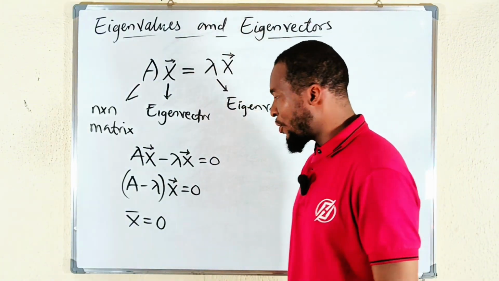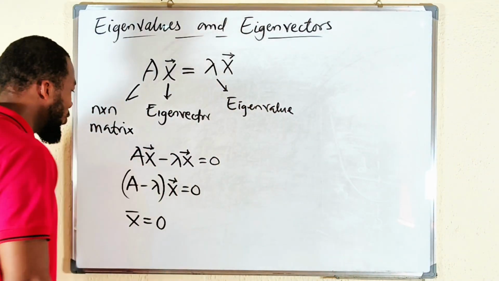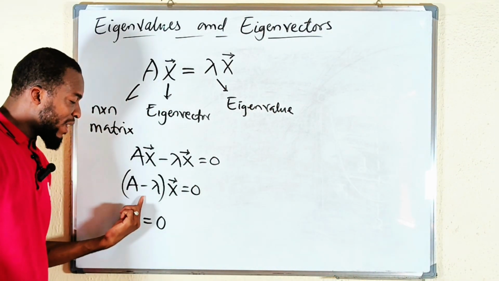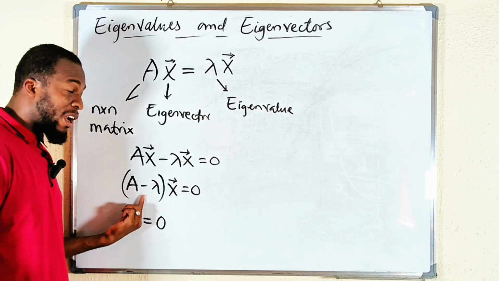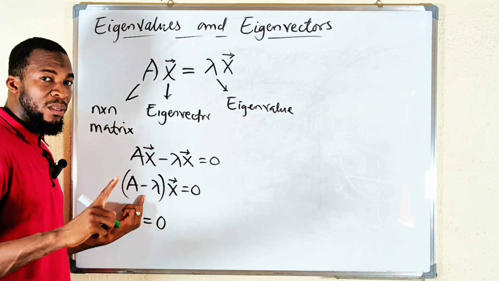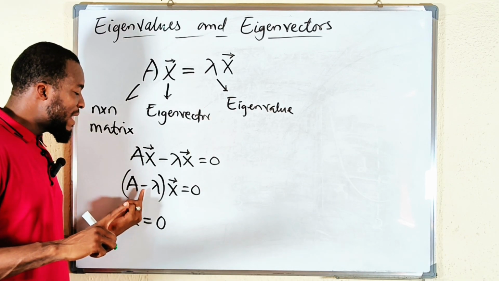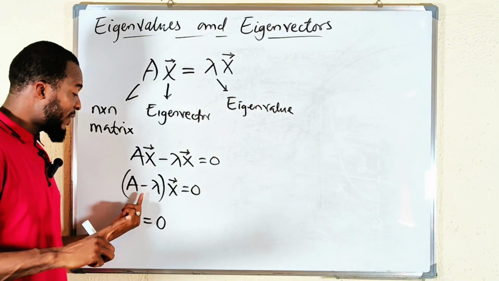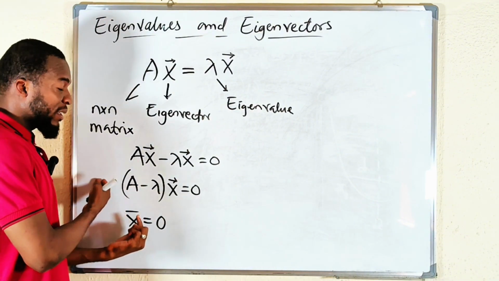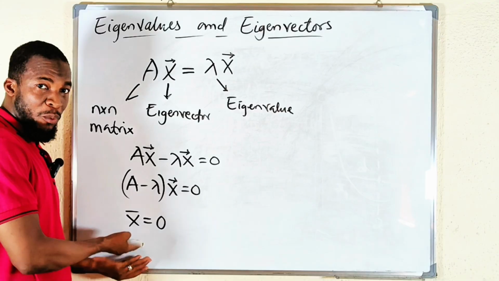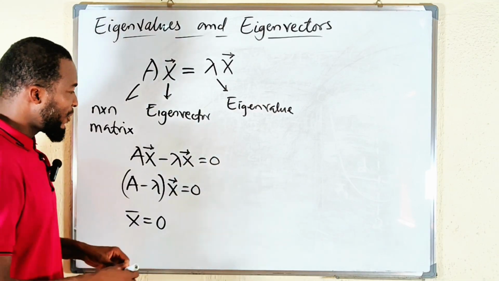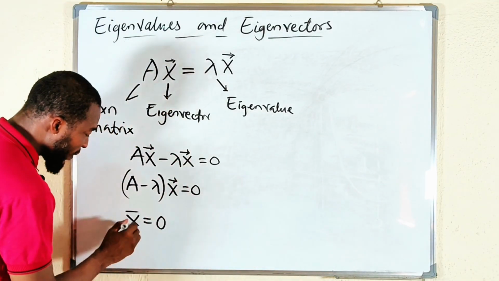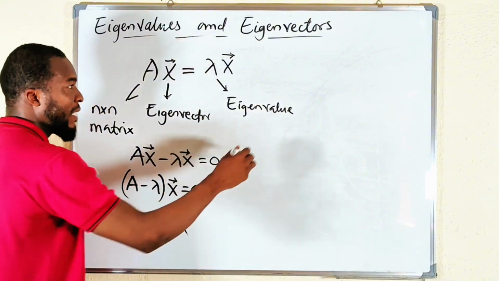So under which condition? It is only not equal to 0 if this particular matrix is not invertible. It must be non-invertible, because if it is invertible, by taking the inverse of both sides, you have this, but we don't want this situation. So it implies that since we don't want this condition, let me cancel it.